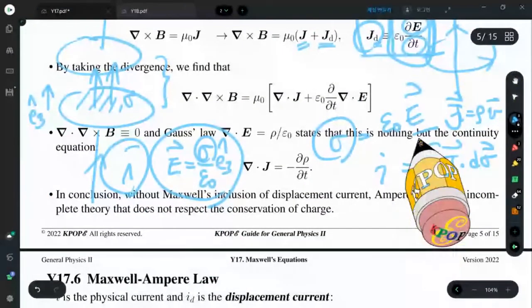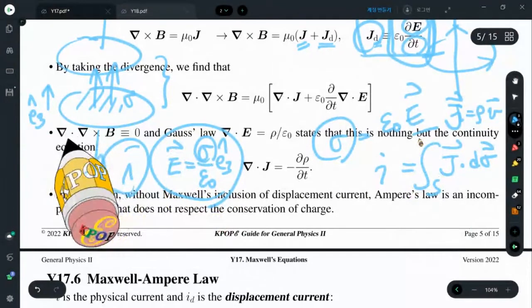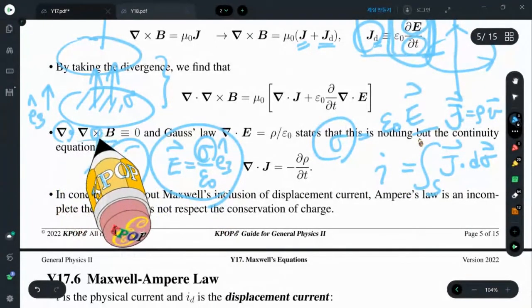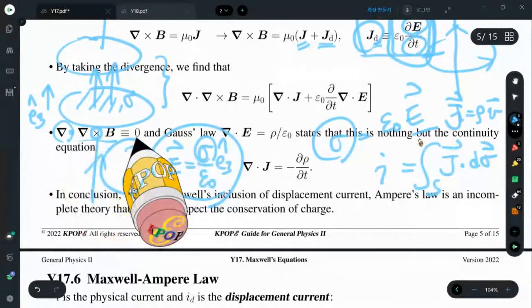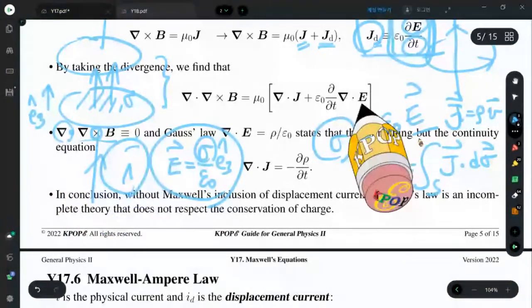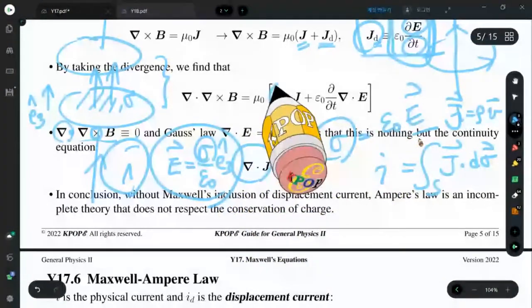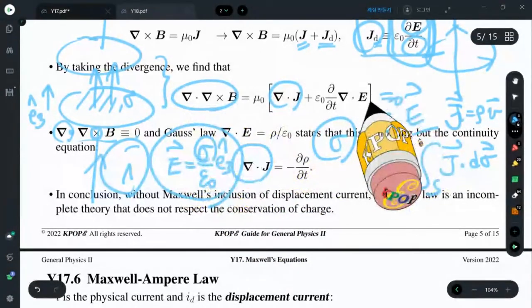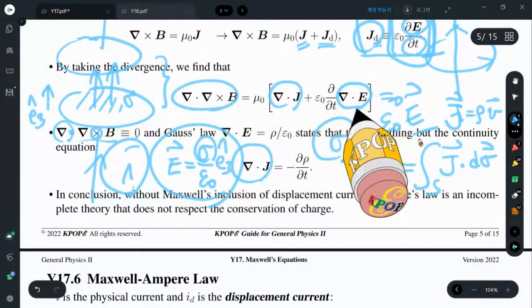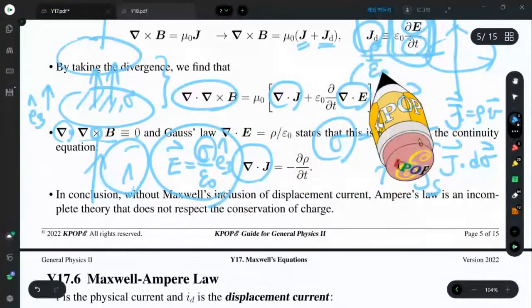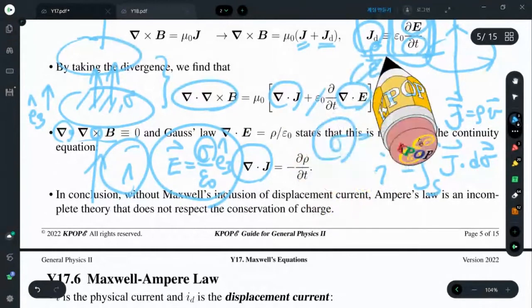Okay, if you apply divergence of curl B, this is symmetric and this is anti-symmetric, so it is always 0. So you will find the divergence J in here, this is a 0, and divergence E, what's that? That is rho over epsilon 0. Epsilon 0 cancels.